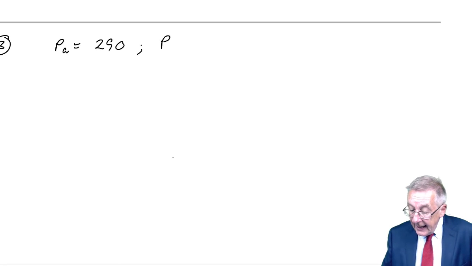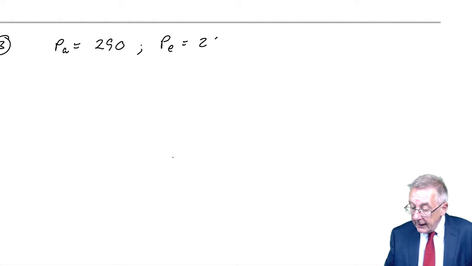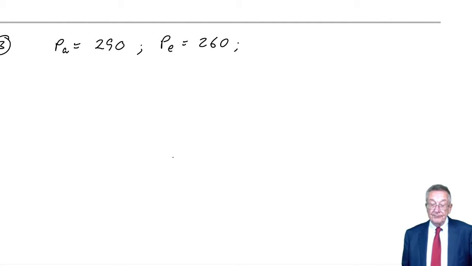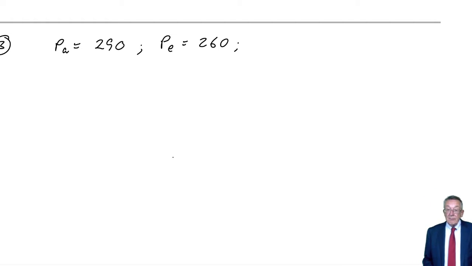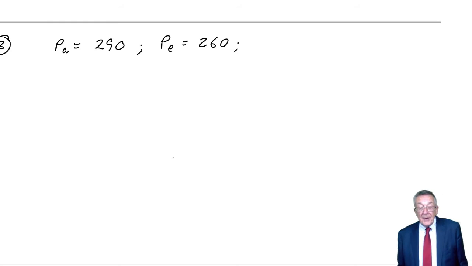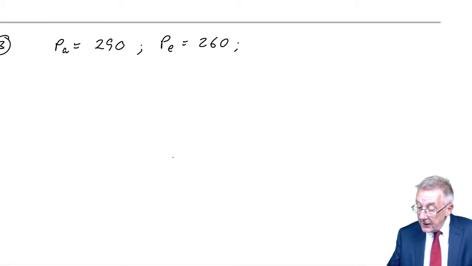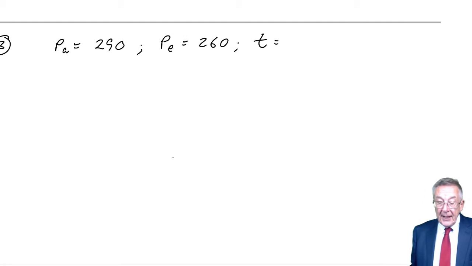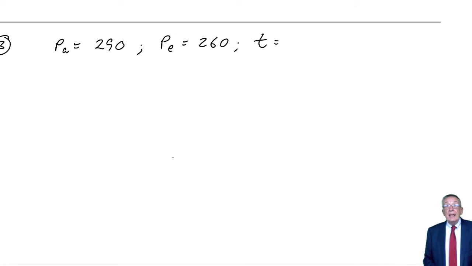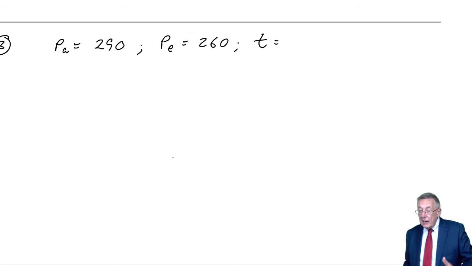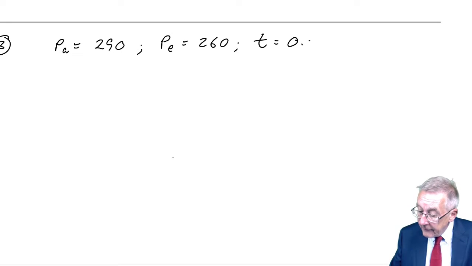Well, that's PE. So working in cents, 260. It's exercisable in 6 months' time. So that's the time to maturity, which is T. But I did say, you always do this in years. So 6 months is half a year, or 0.5.